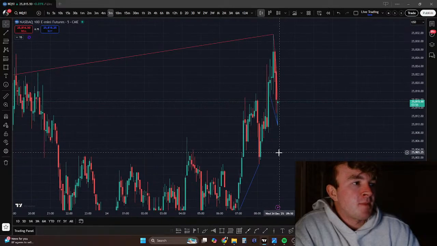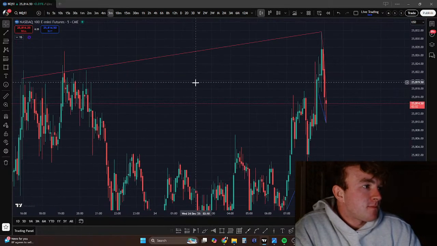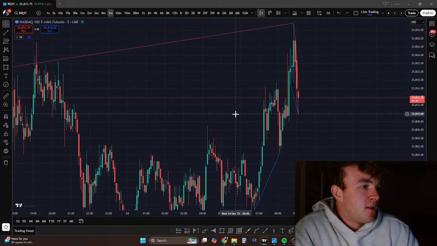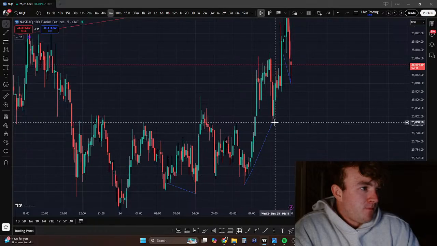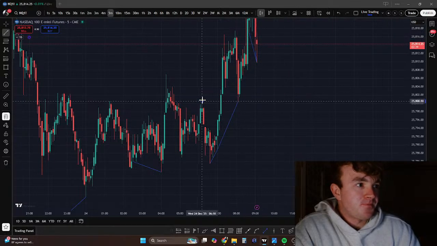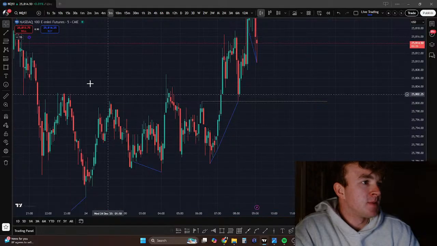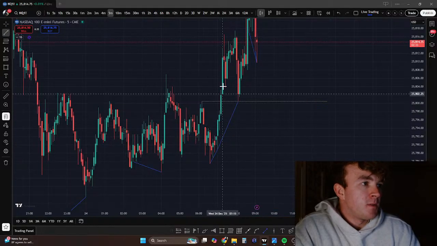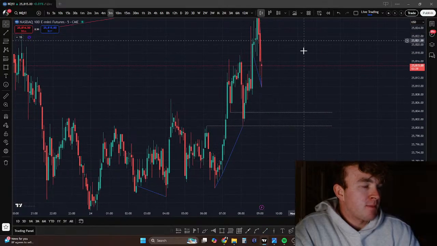Yeah, I don't want to overcomplicate. We might need to use this again. This gap here. It's possible. Like, bang, bang.